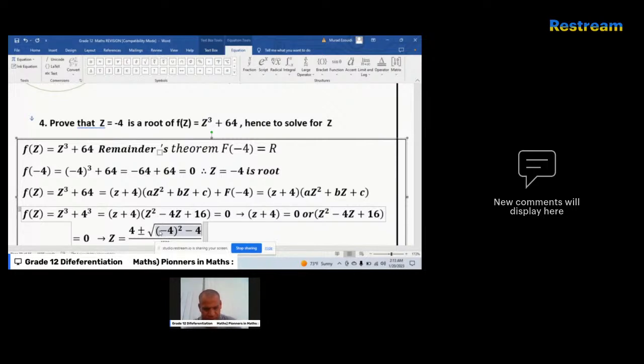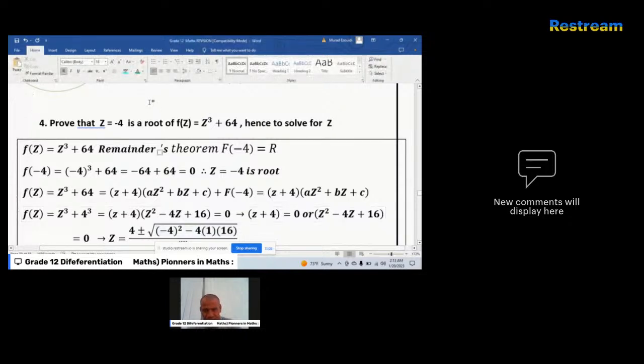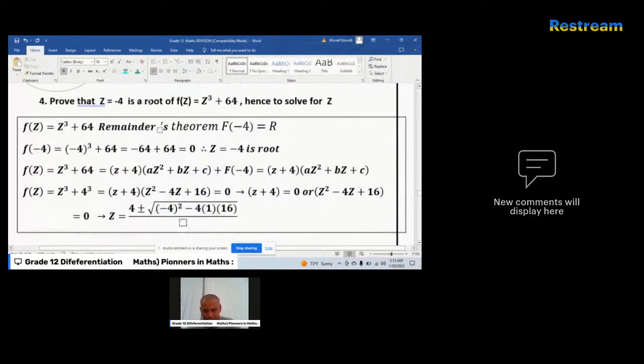This is the value of the discriminant. Divided by 2 times a, which means 2 times 1.